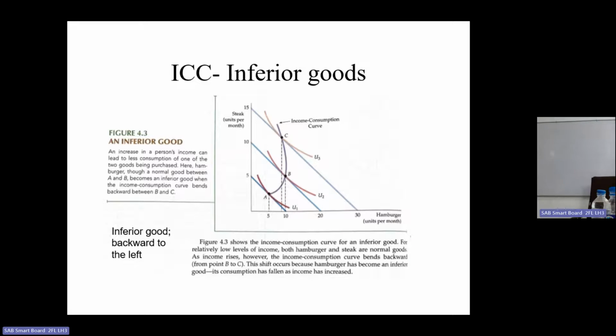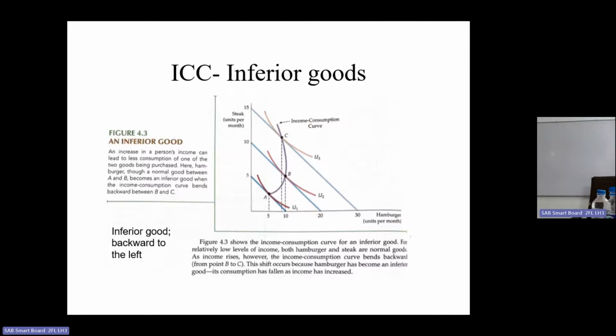But initially, at the lower level of income, what happens when income increases? If you take this good, demand also increases, initially, but later, after point B, it decreases with the level of income.